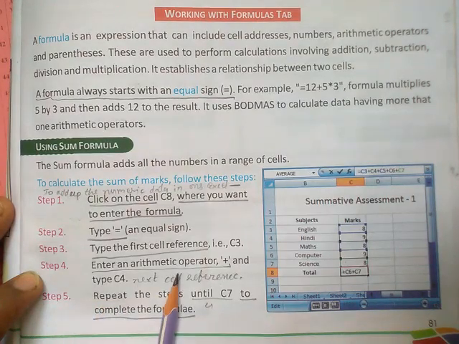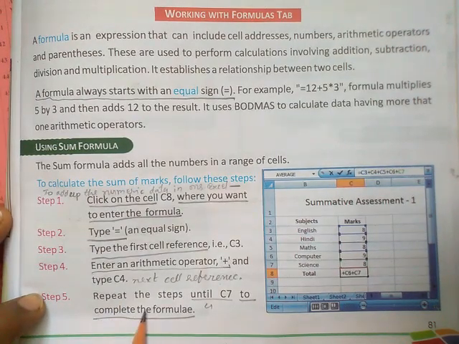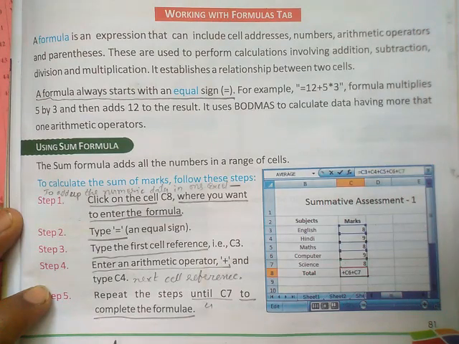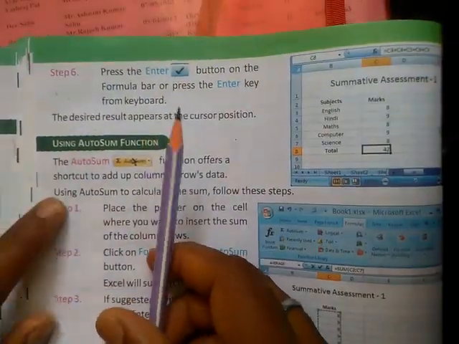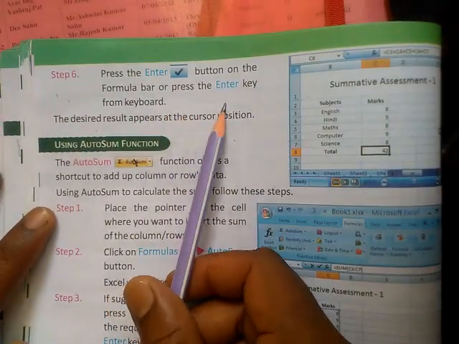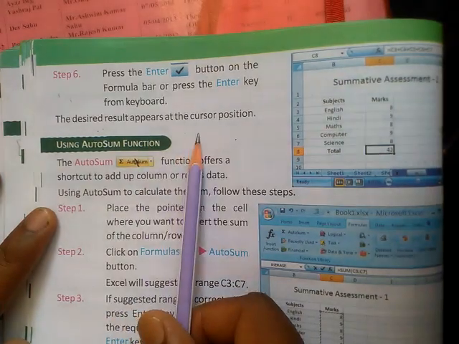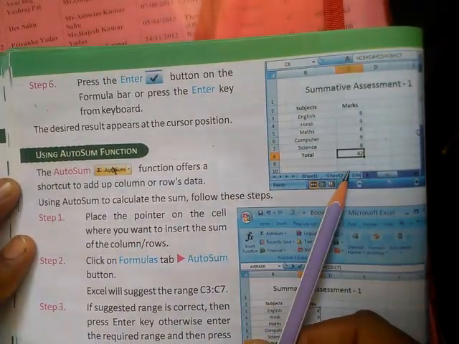Step 4, enter an arithmetic operator plus, and type C4. Step 5, repeat the steps until C7 to complete the formula. Press the enter button on the formula bar or press the enter key from the keyboard. The desired result appears at the cursor position as shown in this picture.